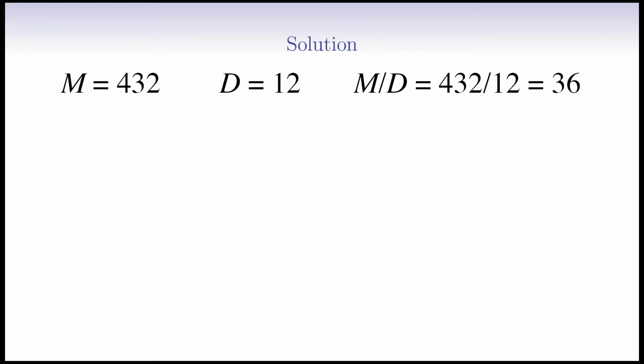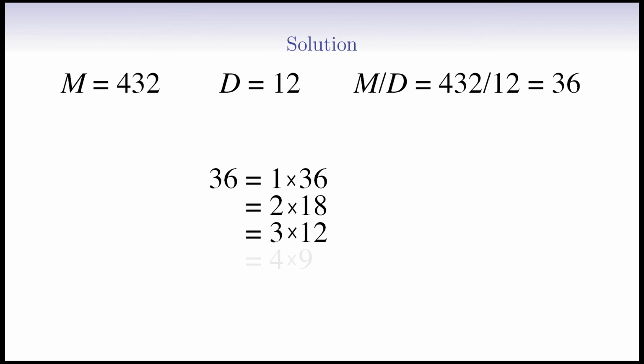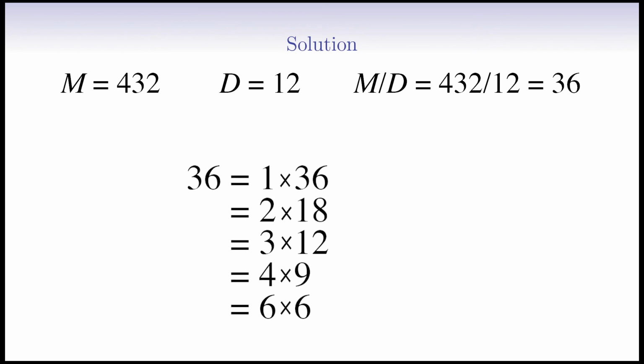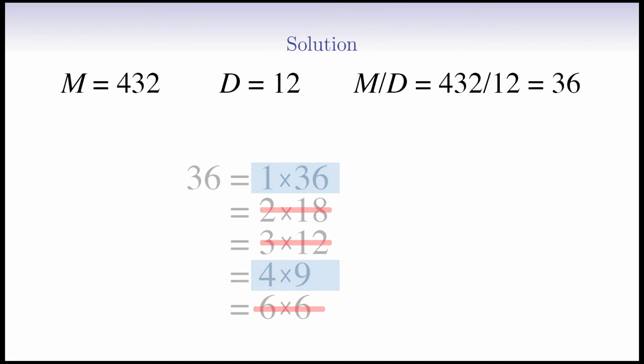In general, 36 can be written as the product of 1 and 36, 2 and 18, 3 and 12, 4 and 9, and 6 and 6. So, we can decompose 36 into 5 products of two numbers. However, 2 and 18 are not relatively prime. Likewise, 3 and 12, and clearly, 6 and 6 are not relatively prime either. So, we found two ways of decomposing 36 into the product of two relatively prime numbers.